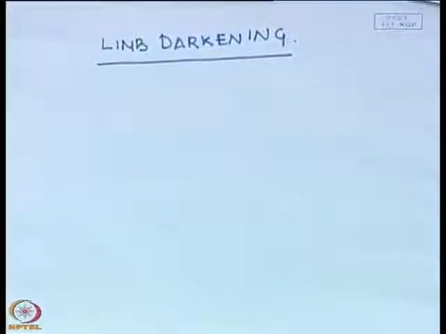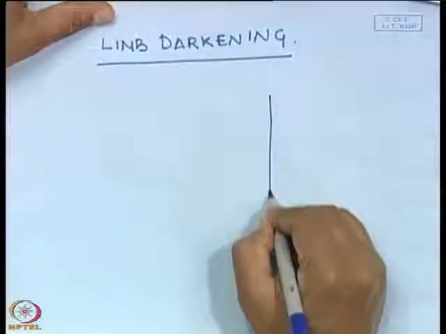So the sun is spherical, but we shall not go into this spherical geometry, we shall make a very simple model. Our simple model is that we are looking at some plane parallel kind of a thing.